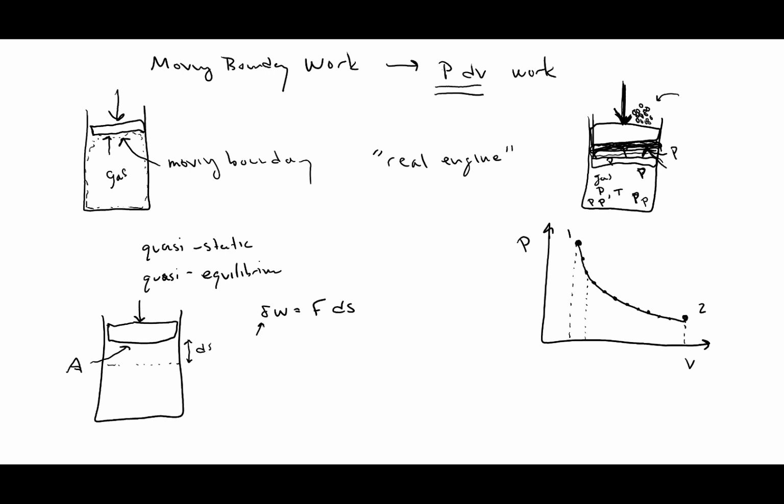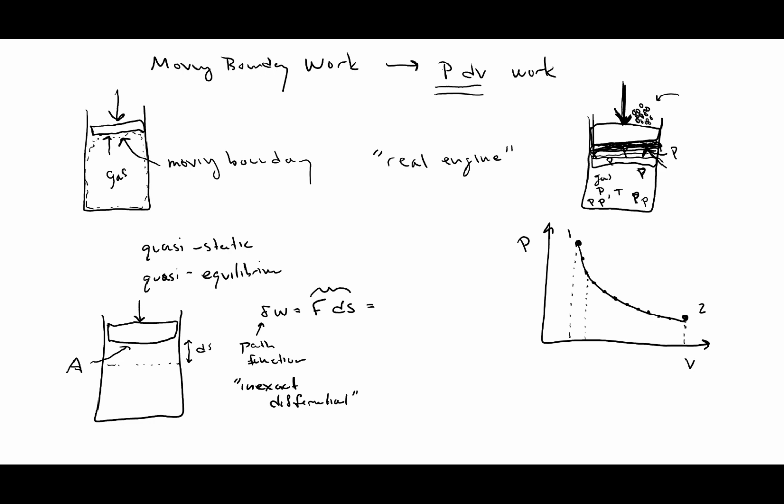And remember, work is a path function, which means that it's an inexact differential. And what this means is that in order to calculate the work, we need to know what the path is.